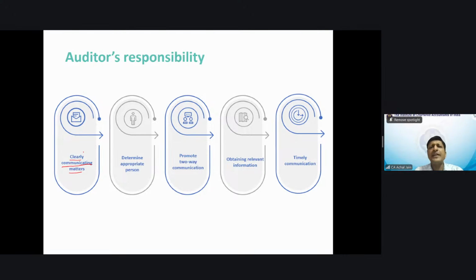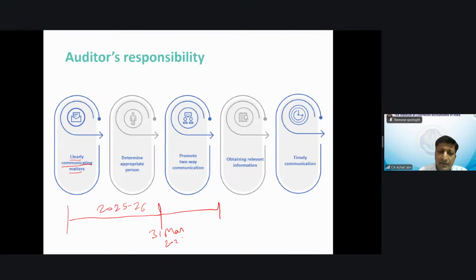Now let's think about it practically. Say the audit of financial statements for 25-26 is being performed. Say this is required to be completed by 31st of May. Let's suppose this is the date the board meeting has to happen, and this is the date when the audit committee meeting has to happen.